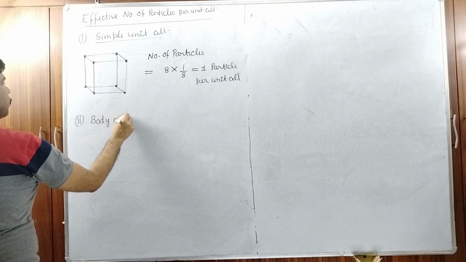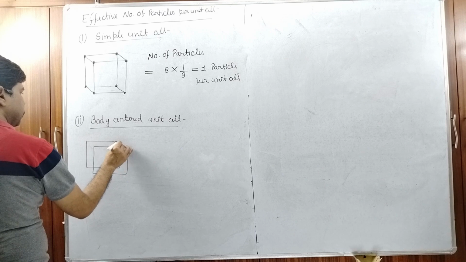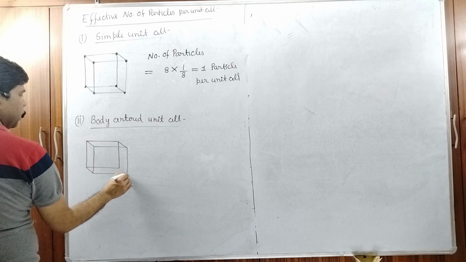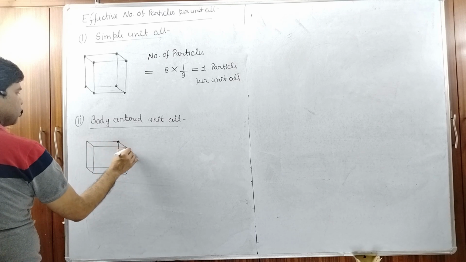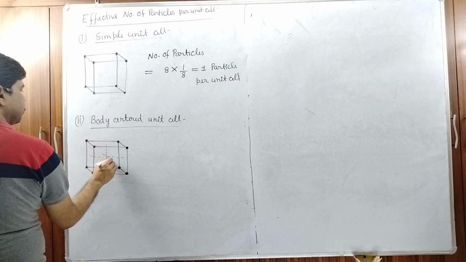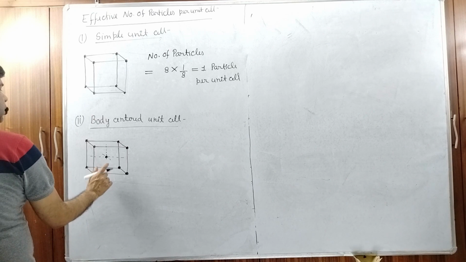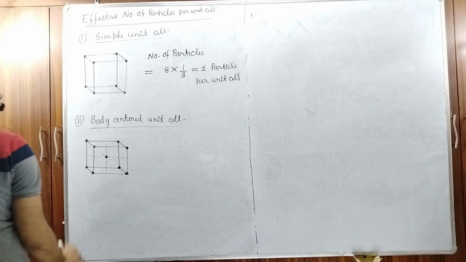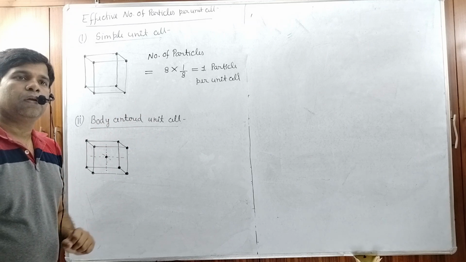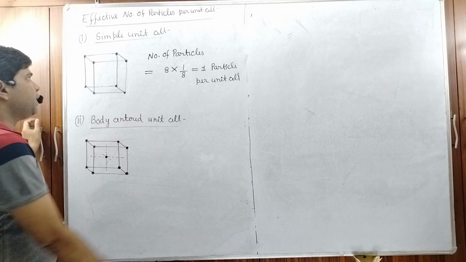Body centered unit cell. In the body centered unit cell, in addition to the particles present at the corner, we also have 1 extra particle at the center of the body, which is called the body center. And we know that the contribution of the body center particle is 1, and the contribution of the corner particle is 1 by 8.